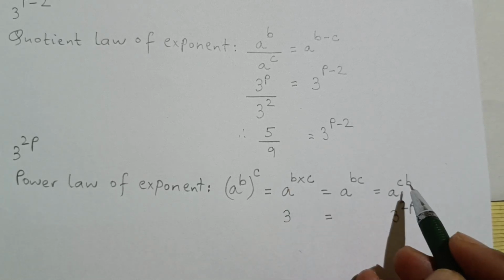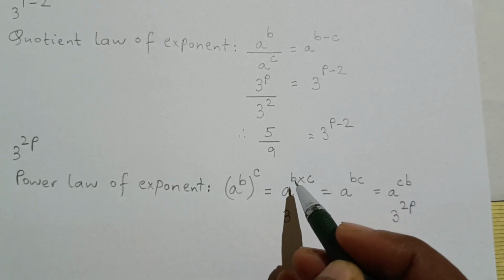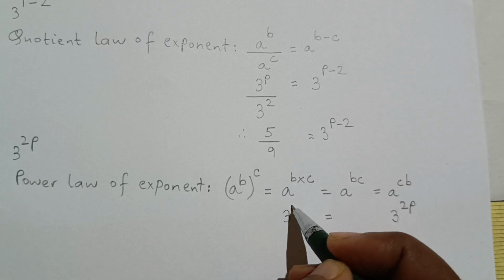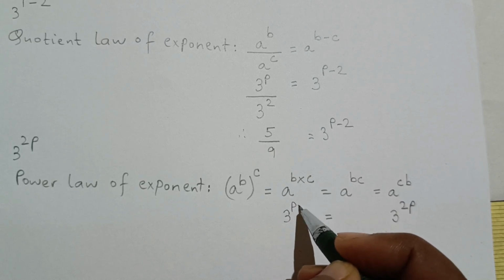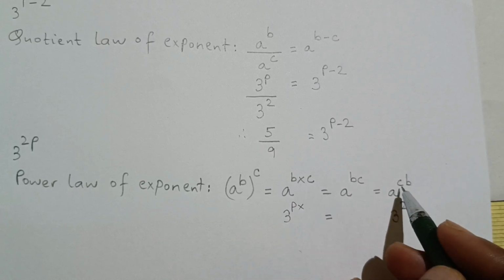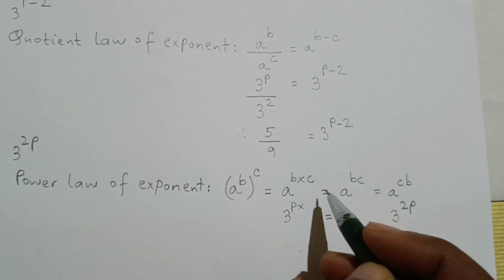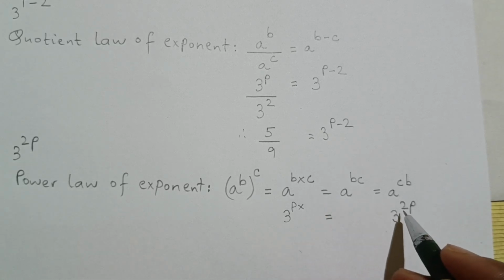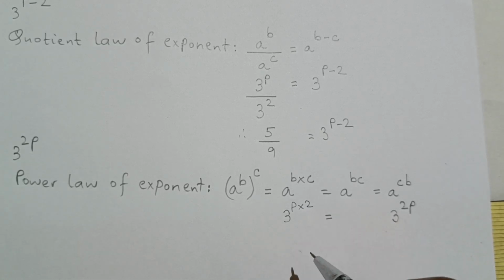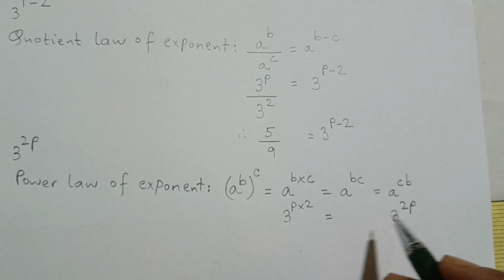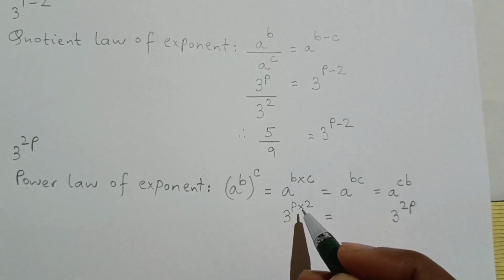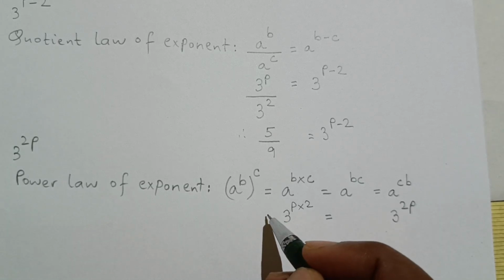So instead of b, I will write p, and instead of c, I will write 2. So 3 to the power 2p becomes 3 to the power p into 2.